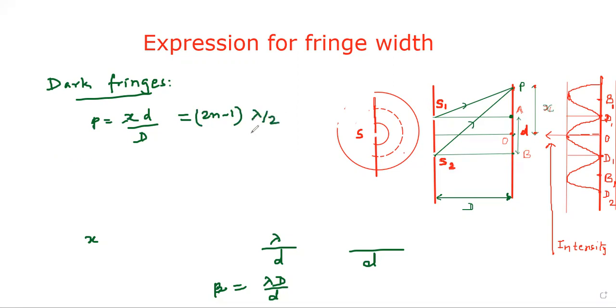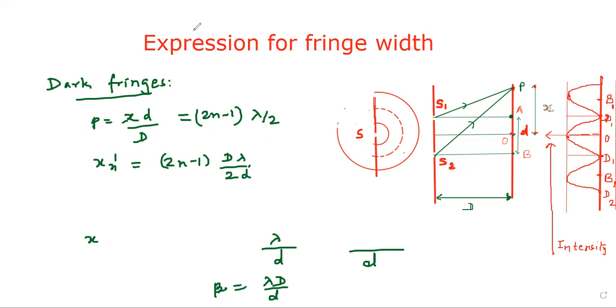From where we can get the value of x. Suppose we write it as xn dash, then it will become (2n minus 1) times capital D lambda divided by 2 small d.